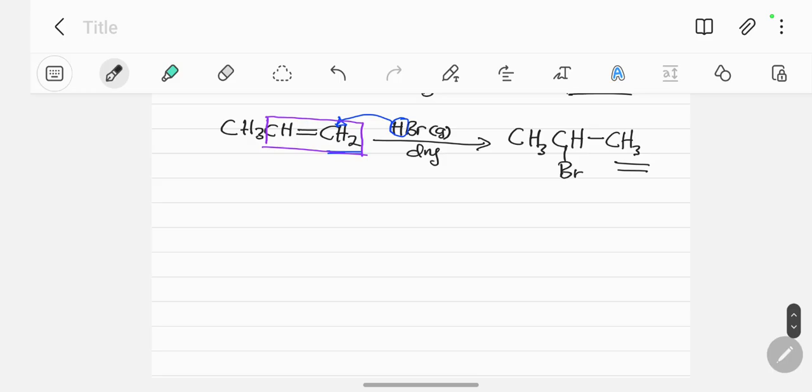So in the mechanism, it's going to be CH3, C. I'm going to spread this a bit, CH2.